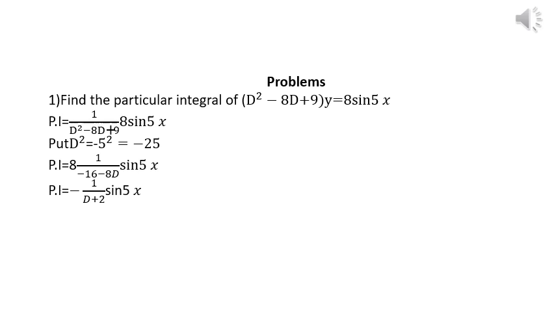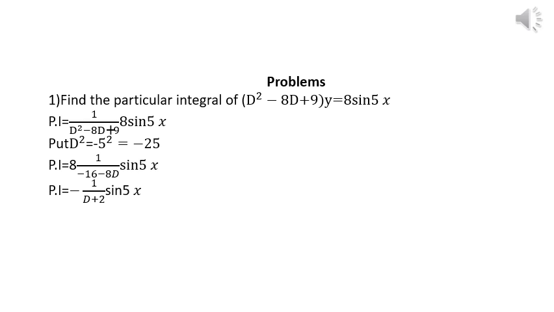After multiplying by d minus 2 and dividing by d minus 2, in the denominator you must adopt the a plus b into a minus b formula. What is that? A square minus b square. Now we get minus d minus 2 inside the bracket, numerator sin 5x.